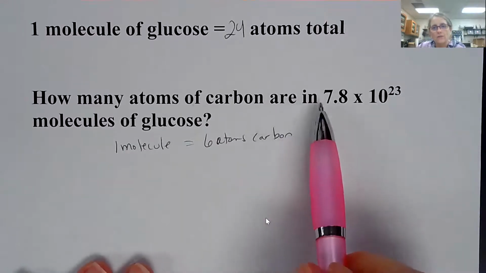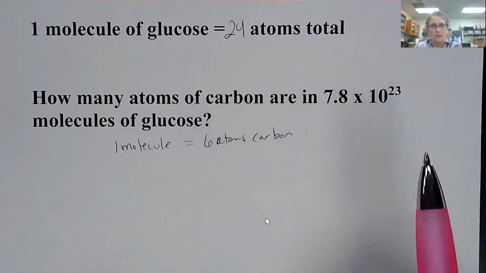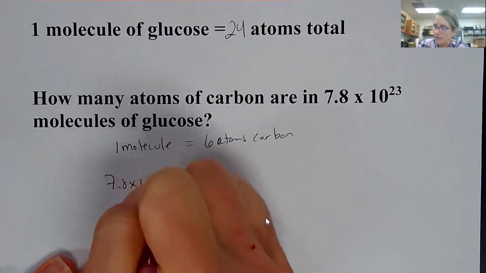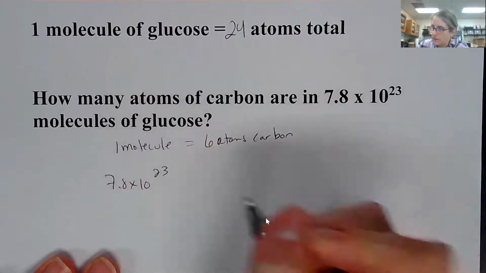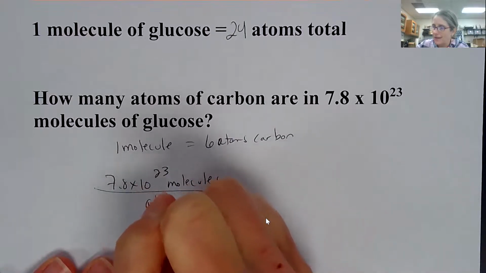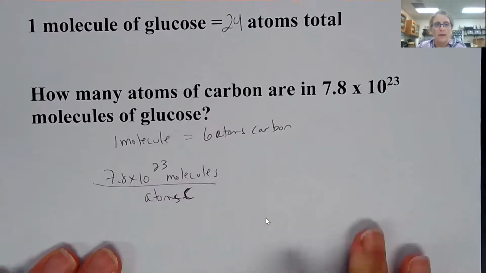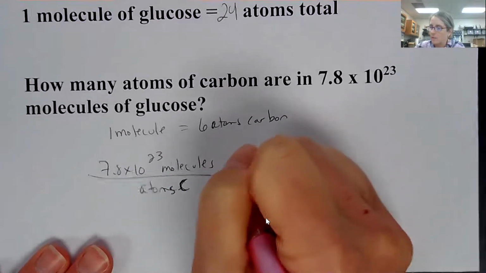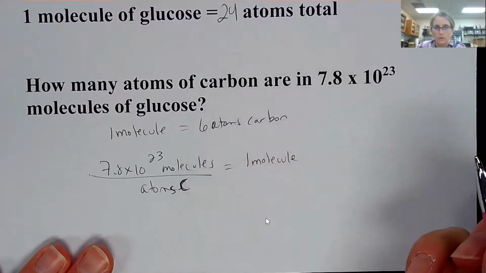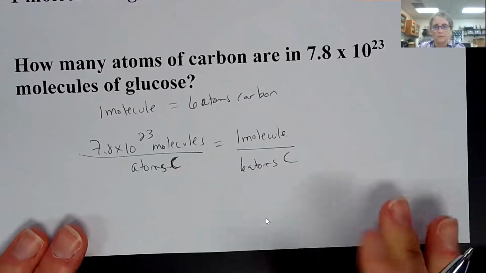If I know I have so many molecules, how many atoms of carbon could I look at? I could take 7.8 times 10 to the 23 molecules, and put a ratio of how many atoms of carbon that is going to be. I know for every 1 molecule of glucose, I have a total of 6 atoms of carbon.